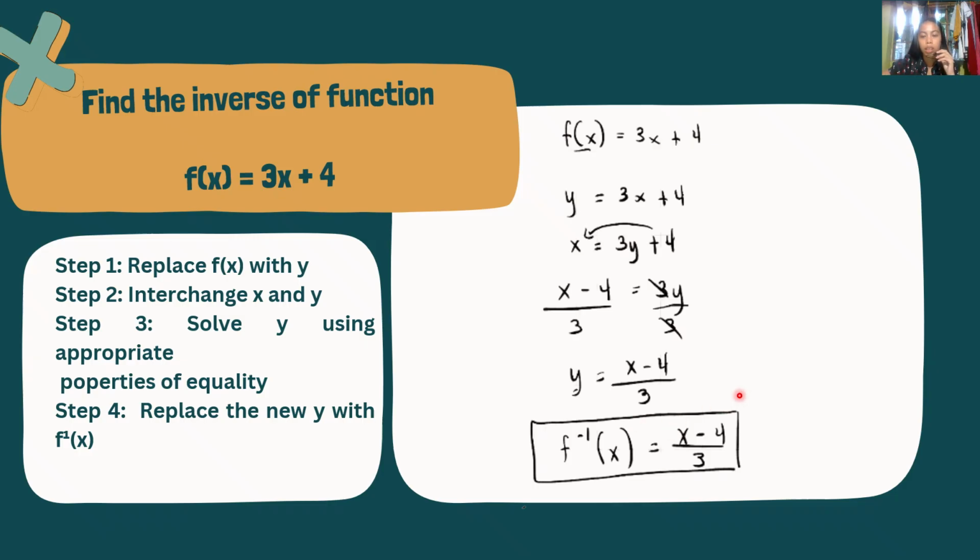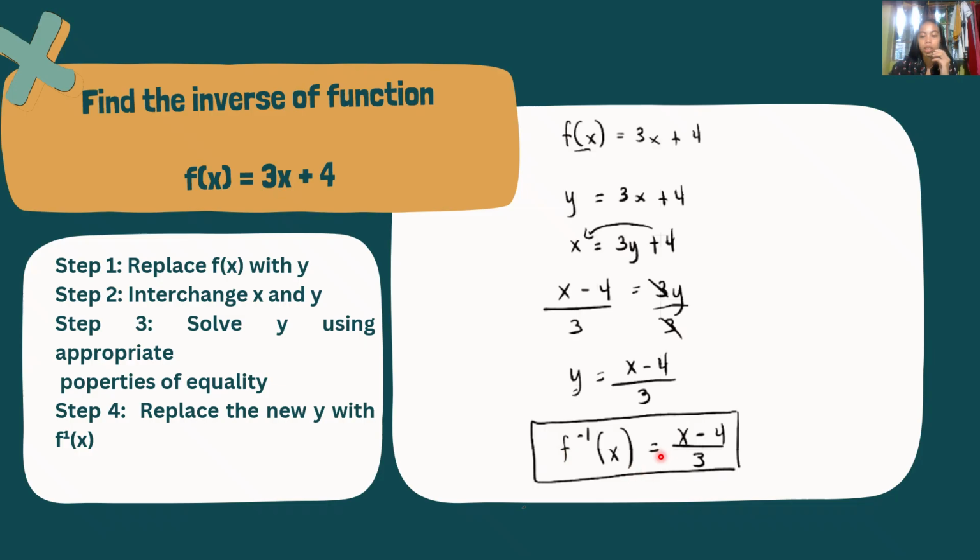And the last step is to replace the new y with f of x. To write our answer back in proper function notation, we replace the new y with f raised to the power of negative 1 of x, which is the symbol we use for the inverse function.